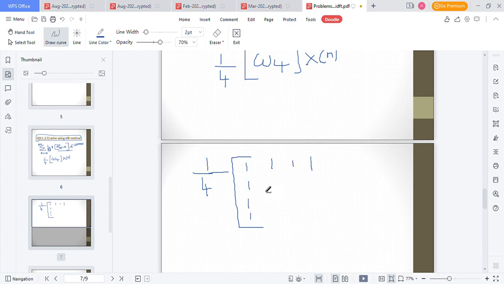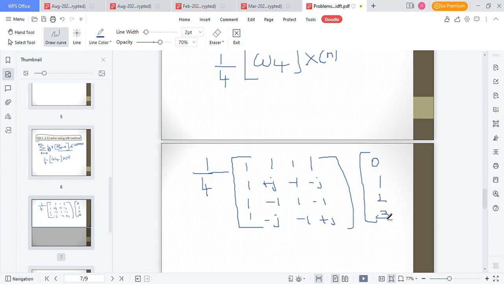Here it is plus j, students. That is what I told you, it will change. So this is plus j, minus 1, and you get minus j. Here it is minus 1, 1, minus 1, and here it is minus j, minus 1 and plus j, right? This is multiplied by 0 1 2 3, students.